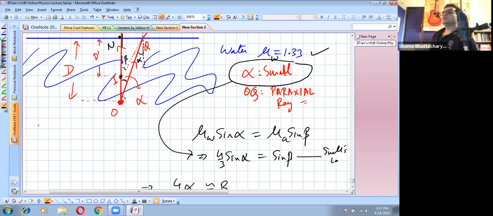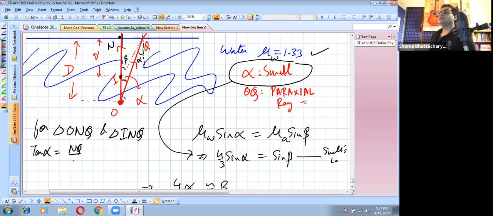For triangle ONQ and triangle INQ, we have tan alpha equal to NQ, that is perpendicular, upon base, which is nothing but ON, which we will see is the real depth. And for that one, we have tan beta equal to NQ divided by IN, which is the apparent depth.